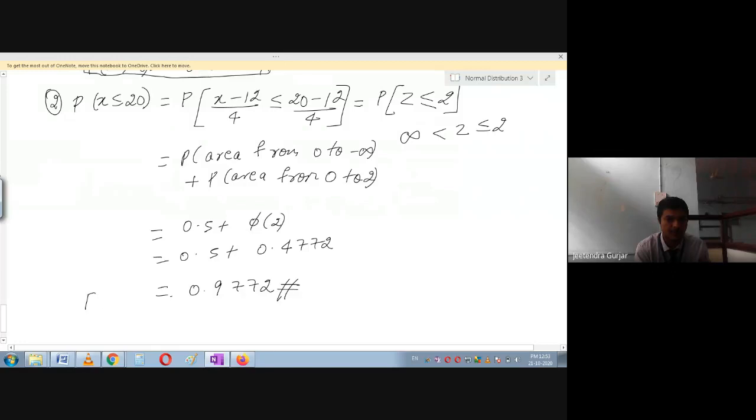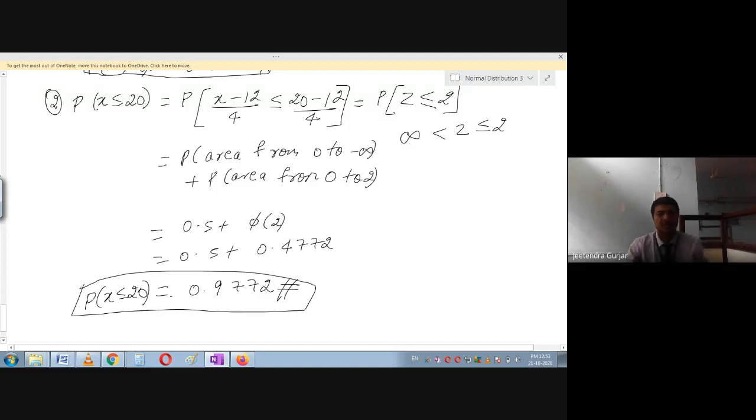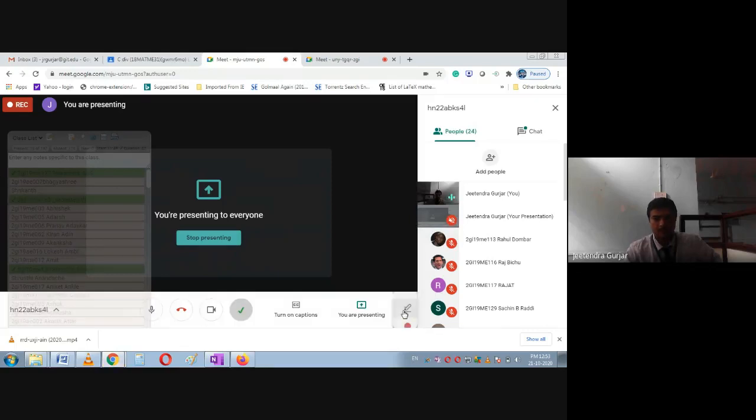Therefore, this is our probability x less than or equal to 20, students. Very good. You have calculated correctly. Yes. So thank you.